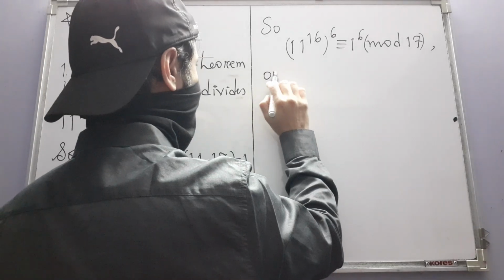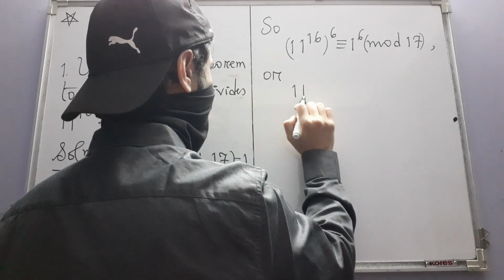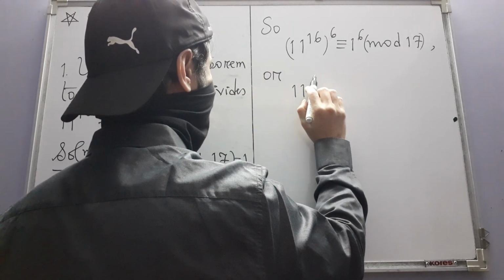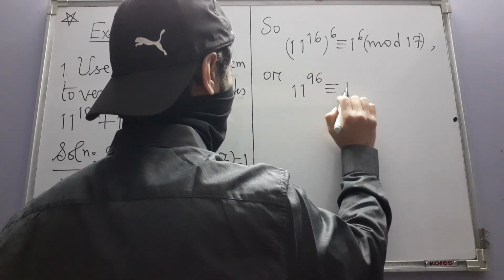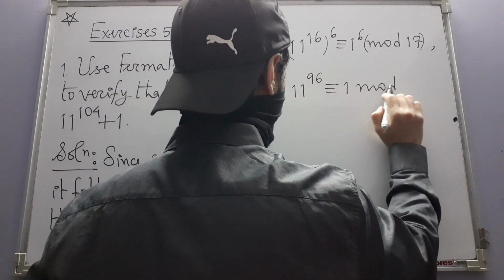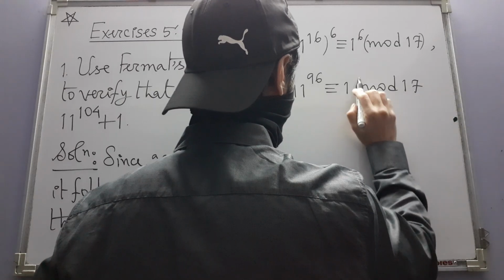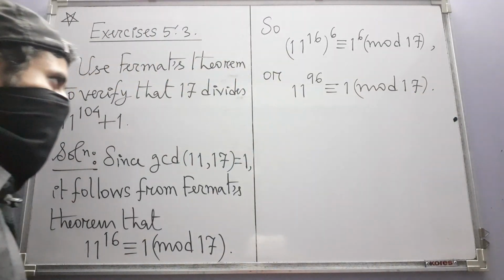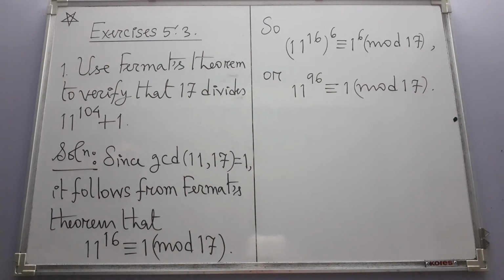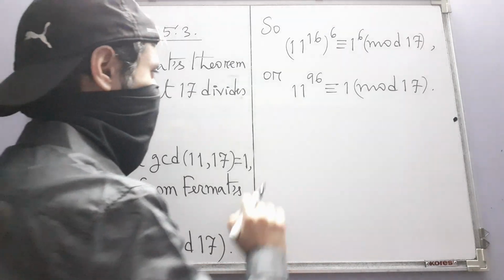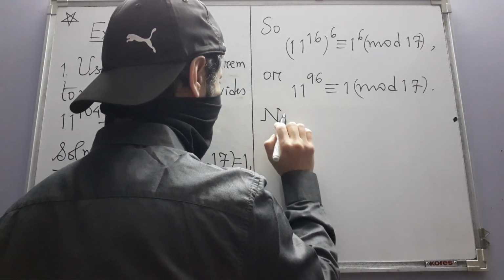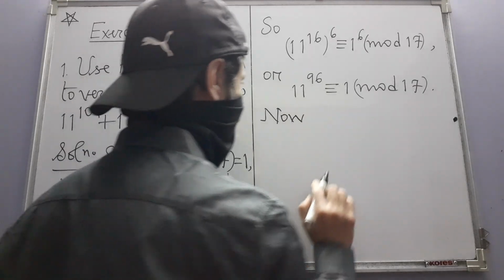So this becomes 11 to the power 96 is congruent to 1 mod 17. But that's not 104, that is 96. So we need 8 more 11s. And for that we have to now calculate separately.